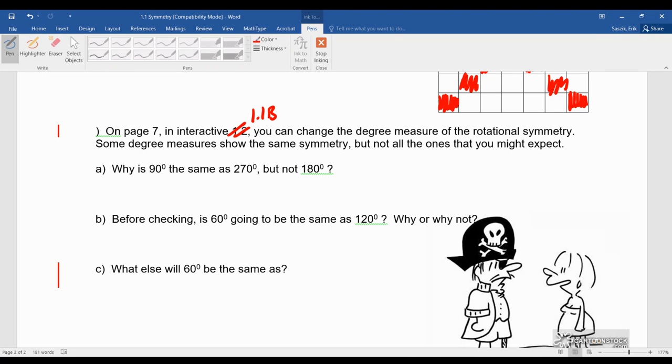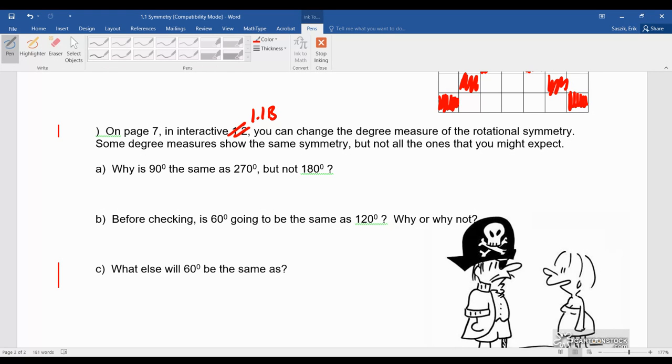Why is 90 degrees the same as 270, but not 180? Because if you're rotating 180, you're just rotating between the top and the bottom, the top and the bottom, top and the bottom. Okay. Whereas 90, you cover more spots. You got the top, you got the right, you got the bottom, you got the left.